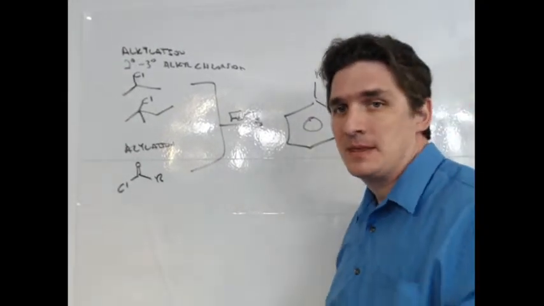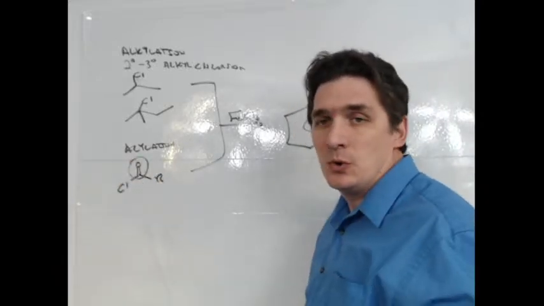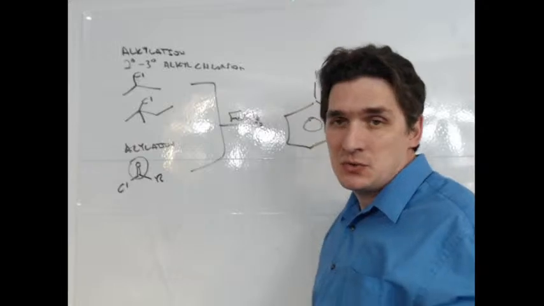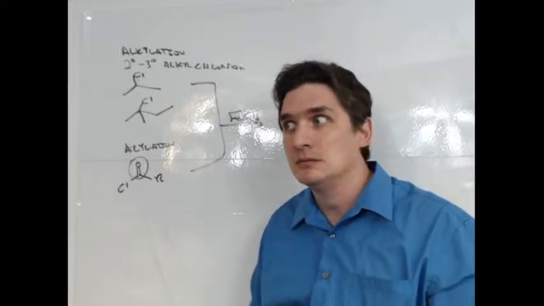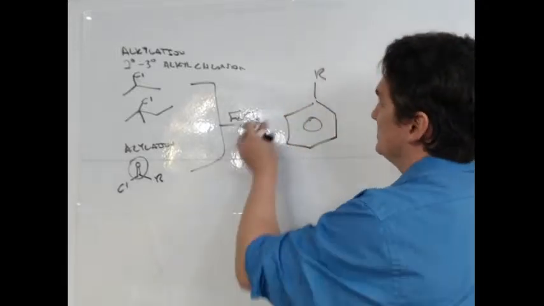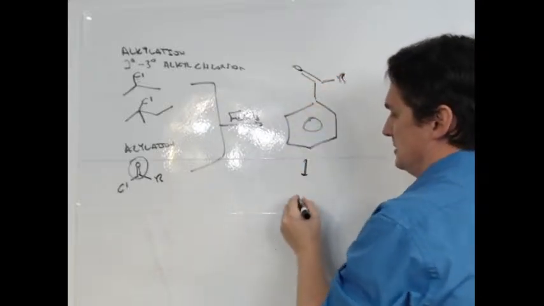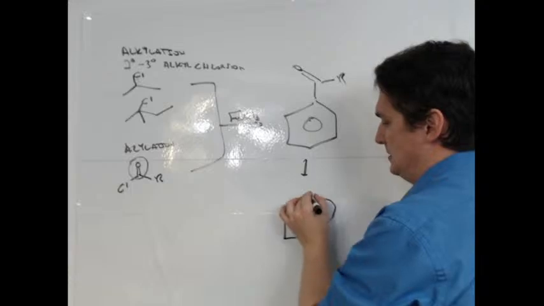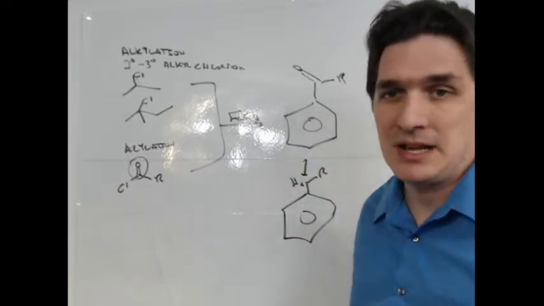There you go. So if we don't want to finish with this carbonyl here, we're going to have to do subsequent reductions. So this is where your Wolff-Kishner, your Clemmensen, and your Bouveault-Blanc reductions will come from. So if we want to go from this to this, you're going to have an additional step.